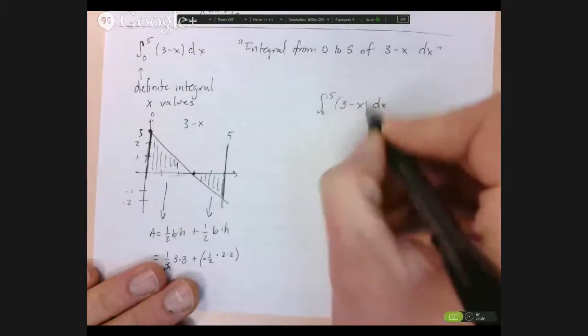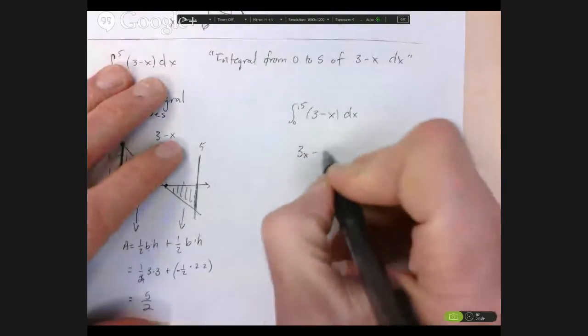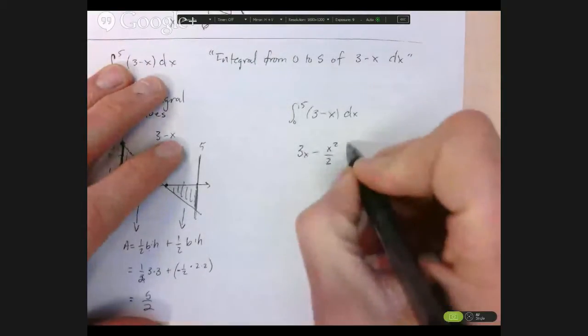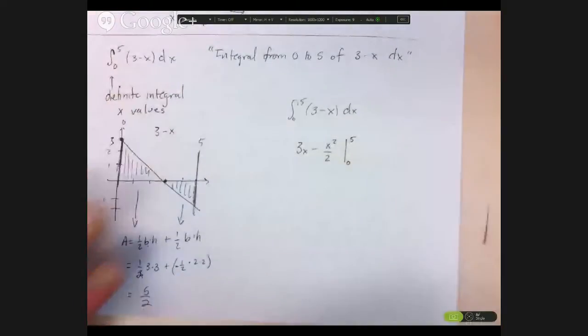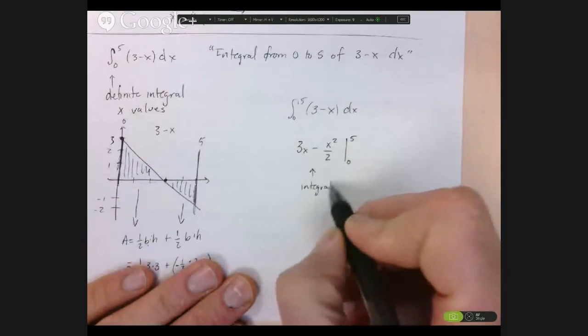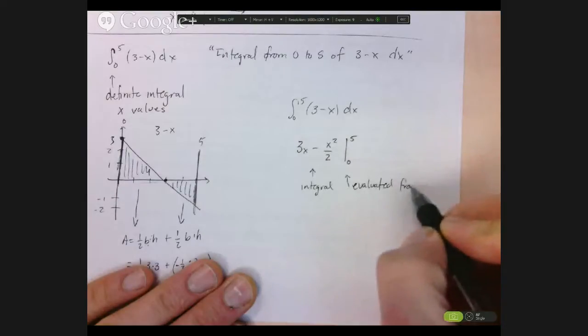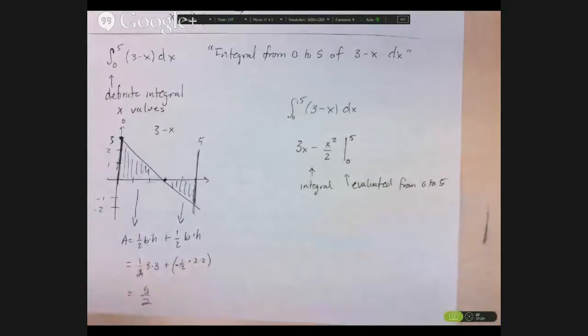Now, that was geometrically. We can do it algebraically or with calculus. Okay. What's the integral of 3 minus x? 3x minus x squared over 2, and then always put that there. Okay, so this is the integral. Definite integrals get rid of c. That's the beauty of definite integrals. We've defined it on a certain interval so the c can be dropped.